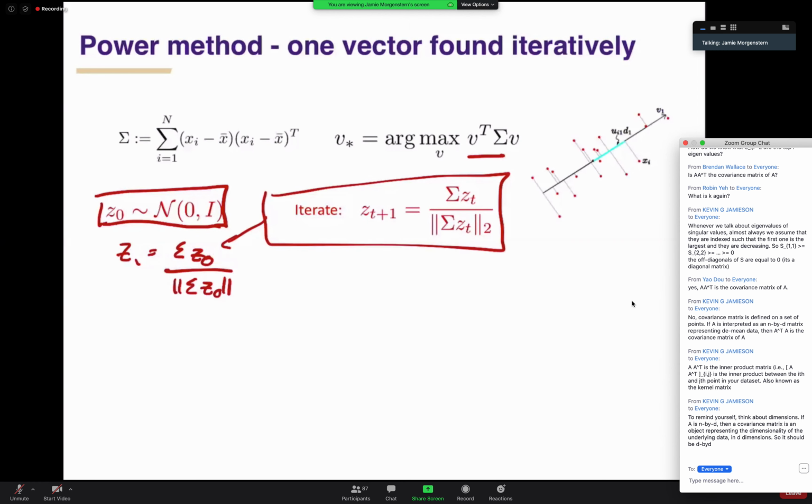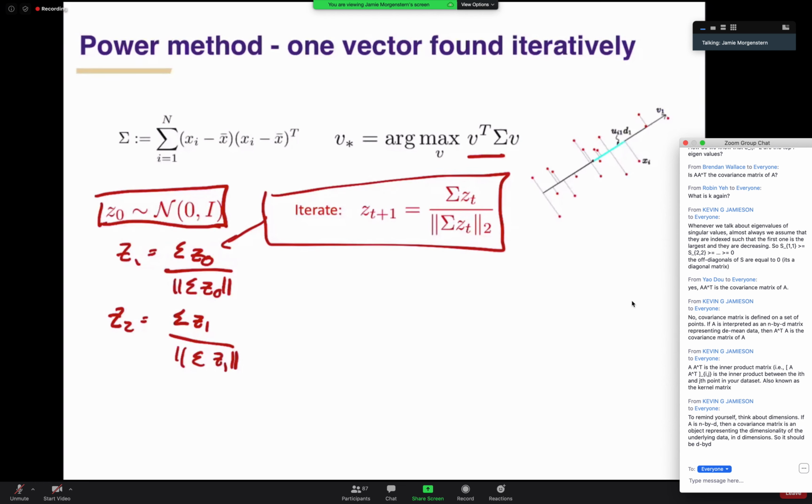And then Z2 is going to be equal to the same thing, but replace Z naught with Z1. Okay, so this is a sort of strange thing. It's not entirely obvious what this is doing.